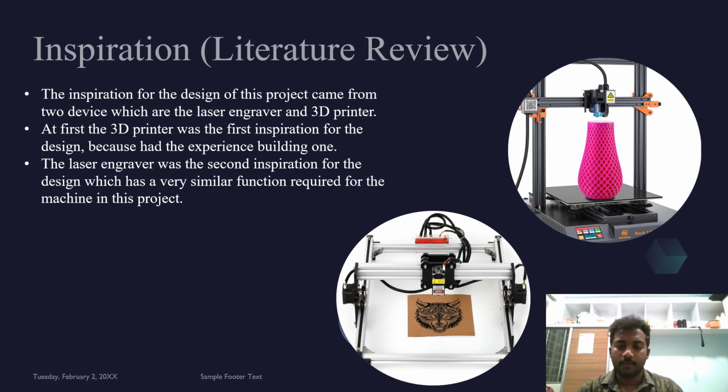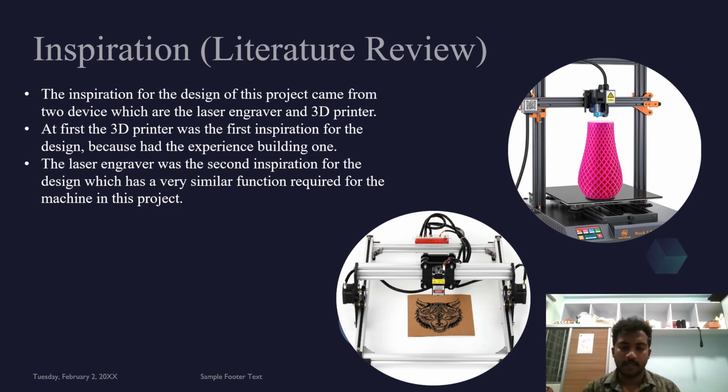However, we could not finalize it because the 3D printer's concept was more towards vertical positioning and we required a horizontal positioning and moving machine. Therefore, we did more research and we came across a machine called a laser engraver. This laser engraver is somewhat similar to the design we would like to create for the project.